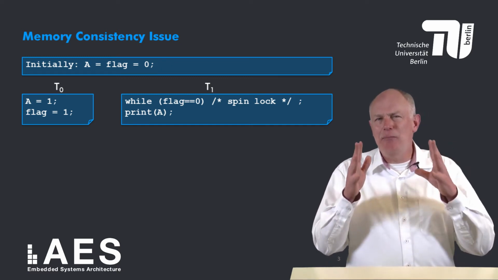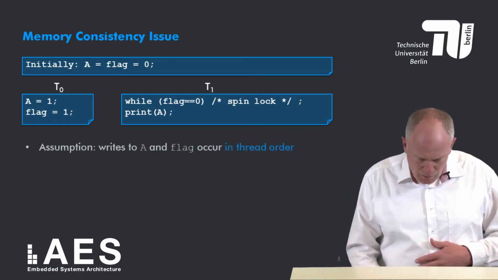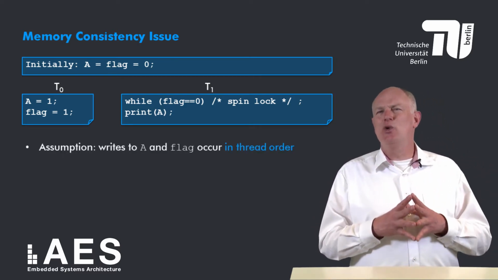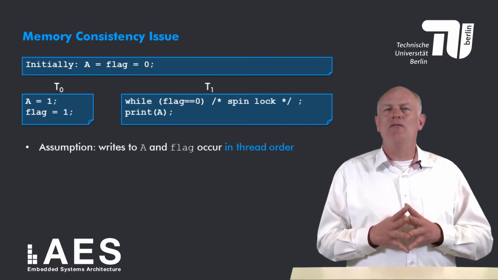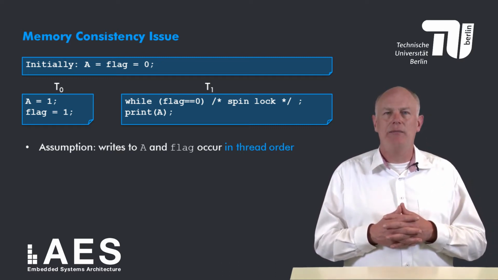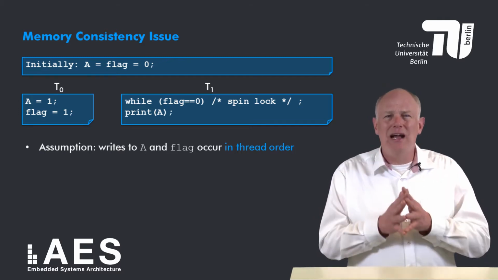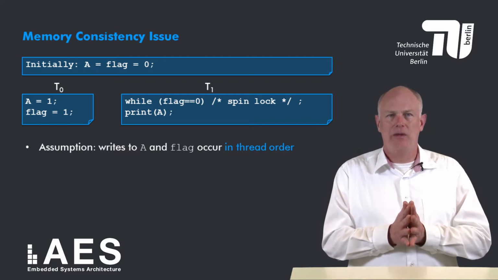However, there is an implicit assumption the programmer made. The programmer implicitly assumed that the writes to A and flag occur in the order specified by each thread. In other words, he or she assumed that the writes occur in thread order.